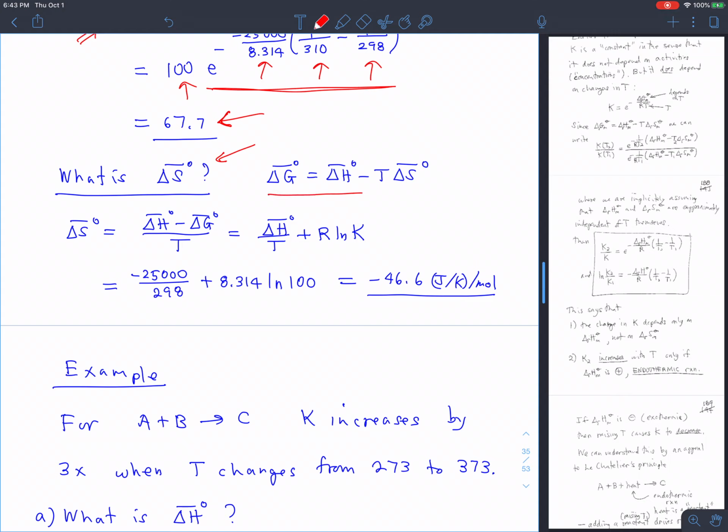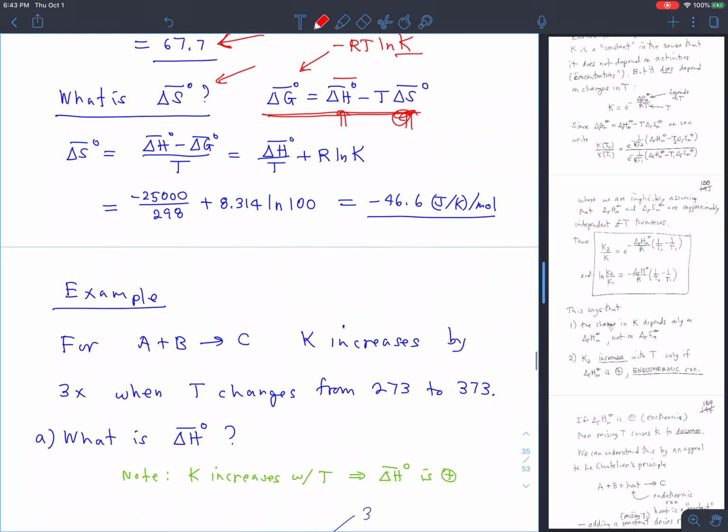We can do that by using the fact that delta G0 is equal to delta H0 minus T delta S0. And delta G0 here is, of course, related to the equilibrium constant. It's equal to minus RT log of K. Since we know K, and since we know delta H, we can calculate delta S. That's what I've done here.